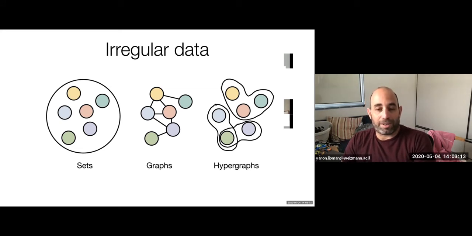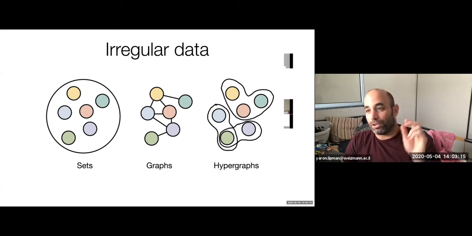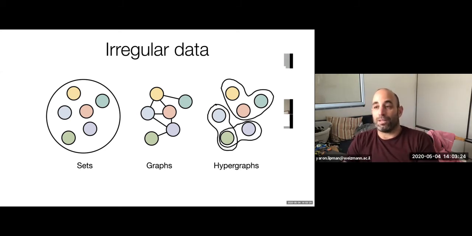The next step in this hierarchy is where we have not only information on specific elements, but also information on pairs of elements. For example, graphs. A graph would attach a 0 or 1 to pairs of nodes, but you can also attach other feature vectors, whatever you want.